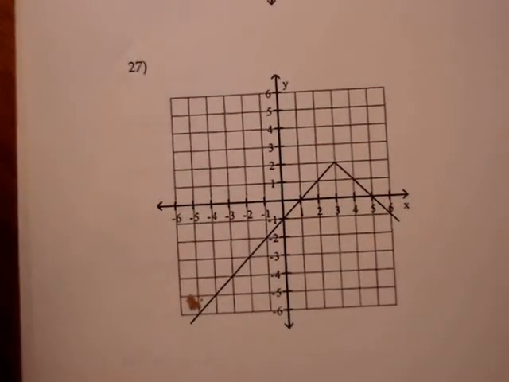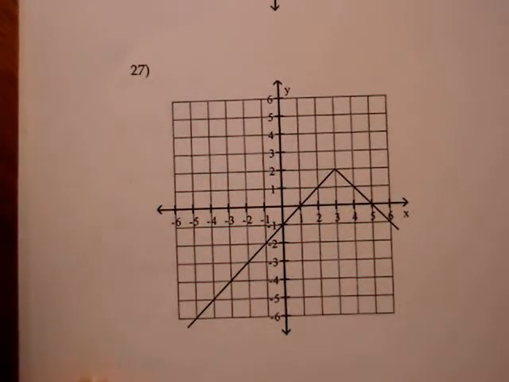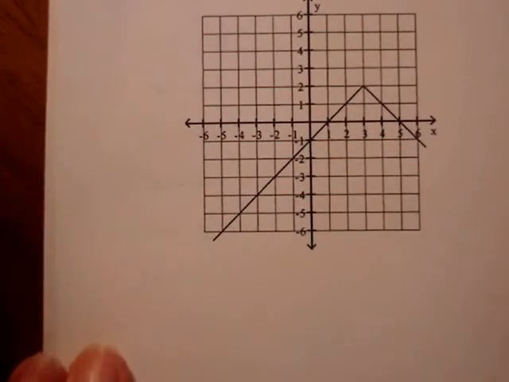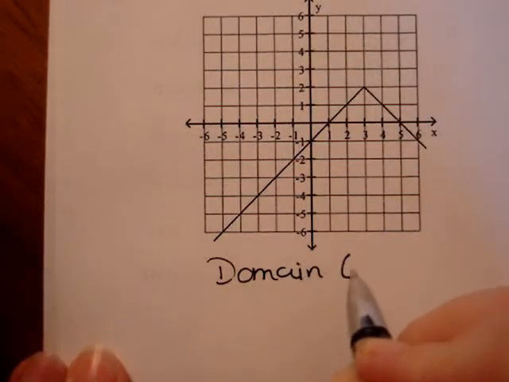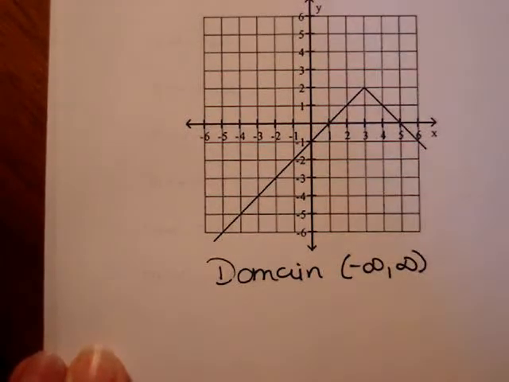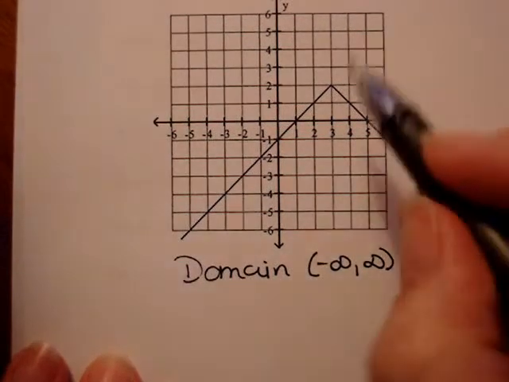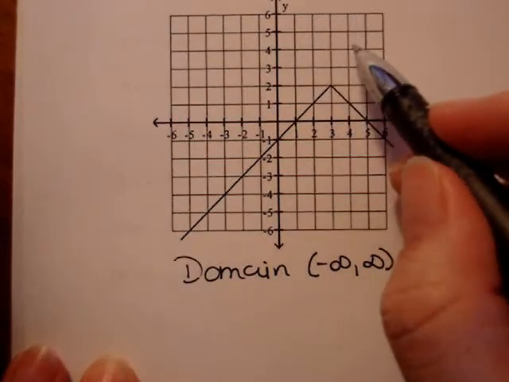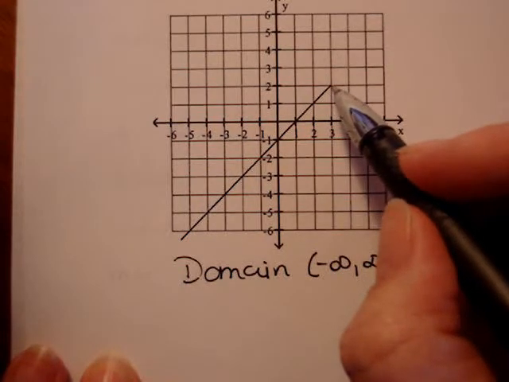Okay, this graph has, again, domain. Well, looks like it's going to be all real numbers again. Everything. I can use all x's. Negative infinity to infinity. Range, okay, this time my graph never goes above 2. 2 is the biggest y value I use.